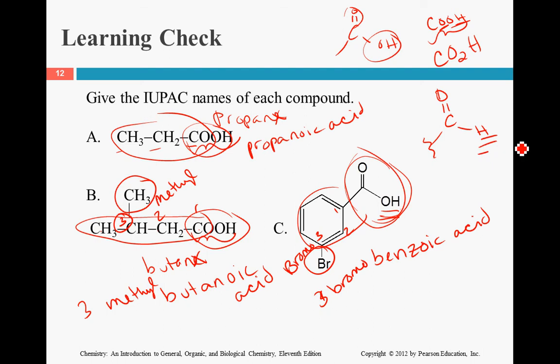Once you reach the hydrogen, the bonding is done. It can't go any further. Hydrogen can only have one bond. So once you reach the hydrogen here, it can't go any further. So carboxylic acids will always be at the beginning or at the end of the chain. It will never be in the middle.